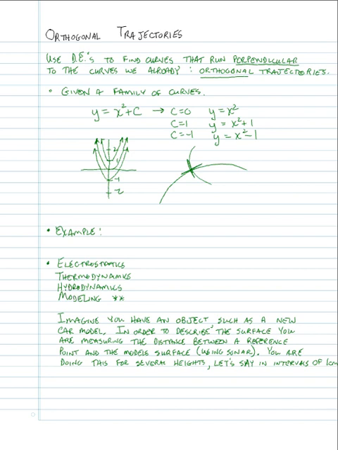Okay, so let's imagine that we have, say, a new car model. In order to describe the surface, you are measuring the distance between a reference point and the model surface. Let's say we're using something like sonar to do that, and we're doing this for several heights, let's say in intervals of 1 centimeter. That doesn't look like 1 centimeter, but that's what I mean.